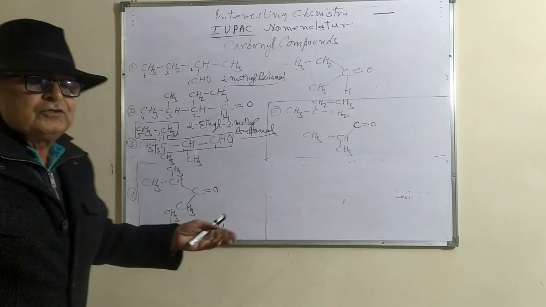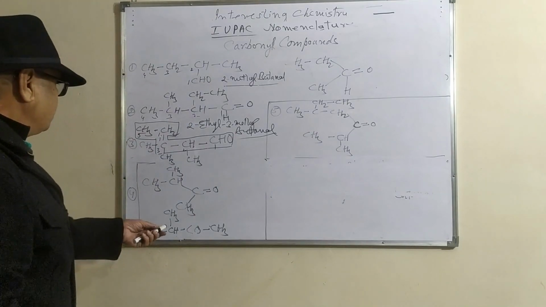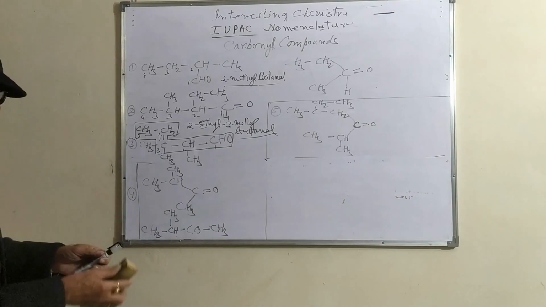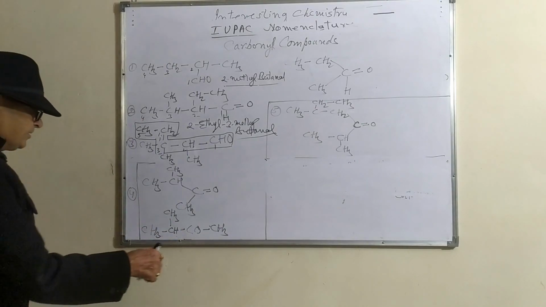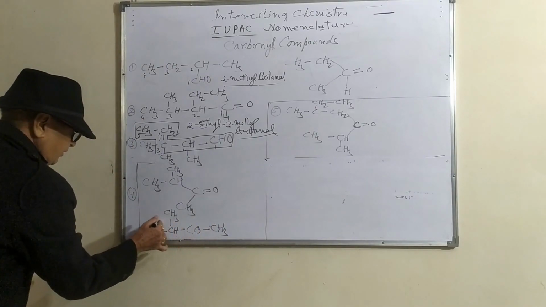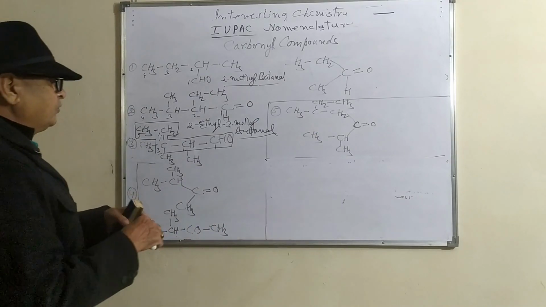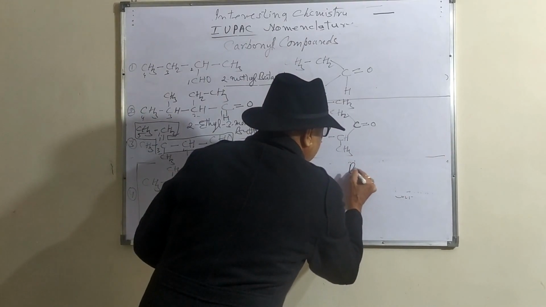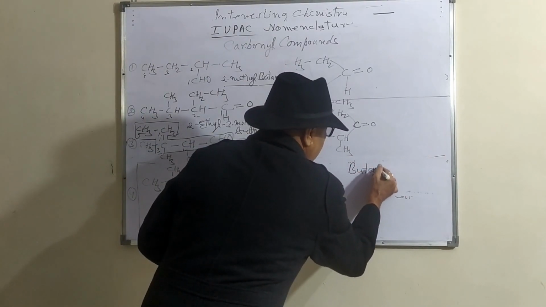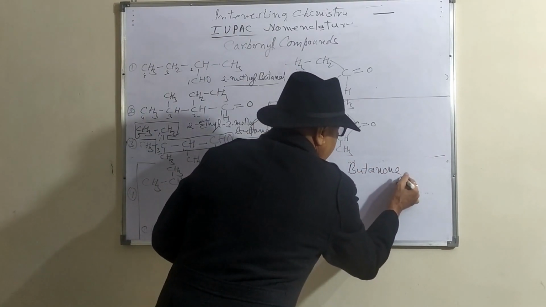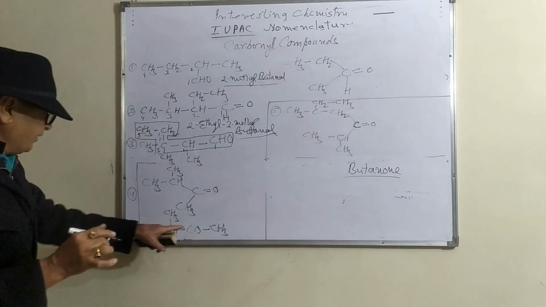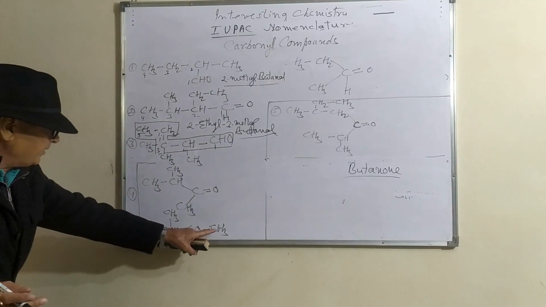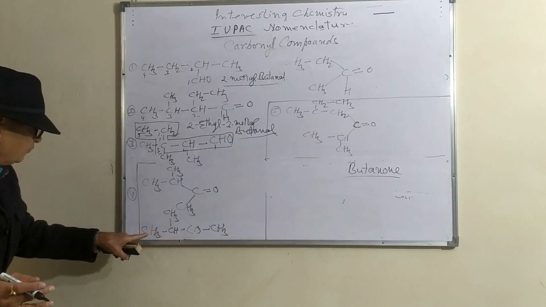This will show the name of a ketone. So here the name of this compound, with 1, 2, 3, 4 carbons, will be butanone.